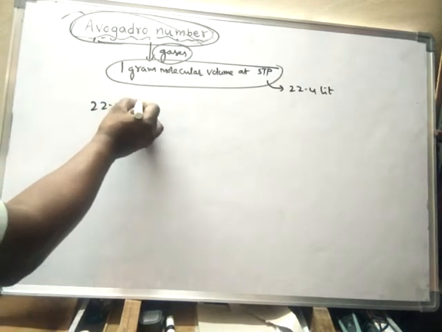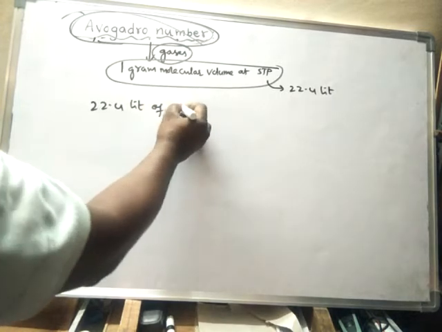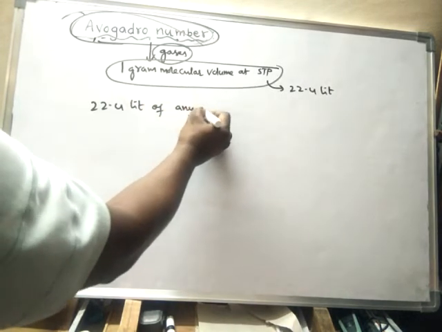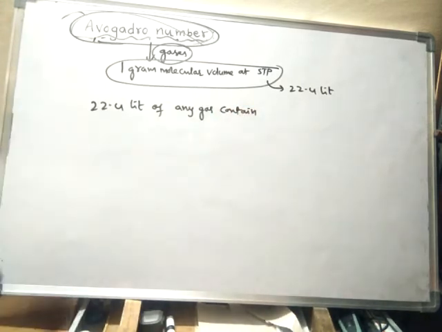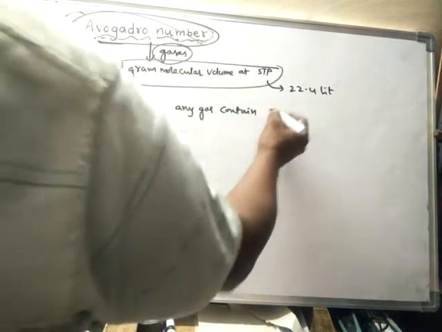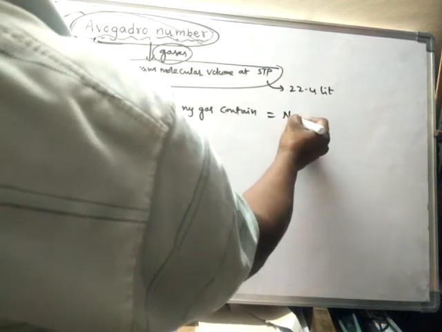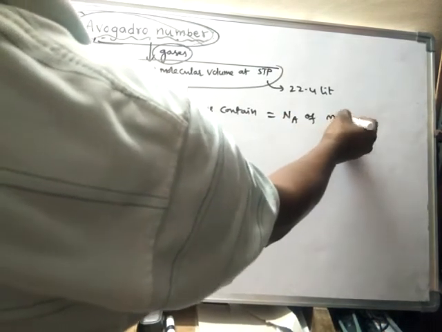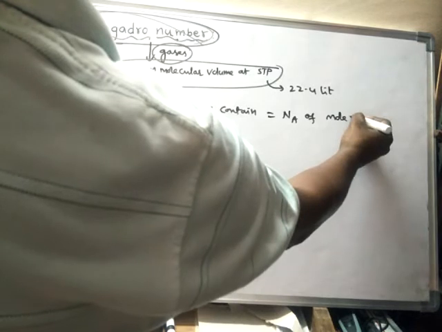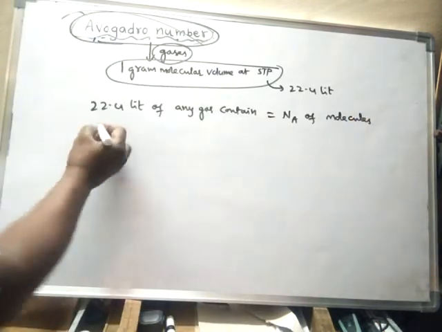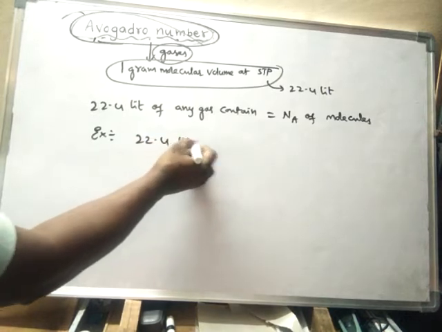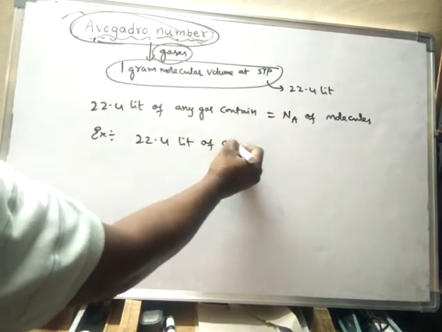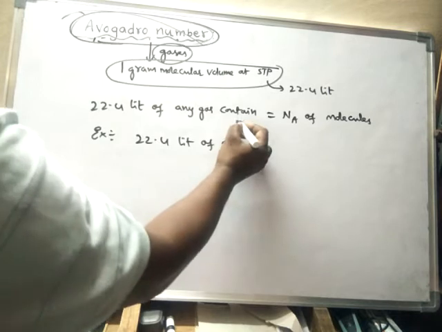So from this it is understood that 22.4 liters of any gas contains Avogadro number of molecules. Example, 22.4 liters of oxygen at STP.